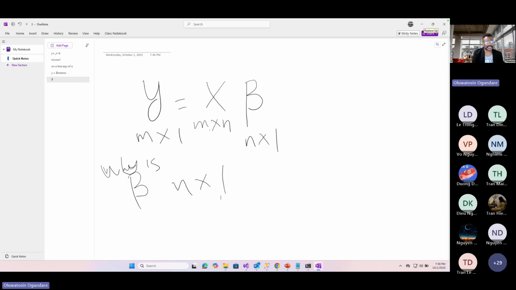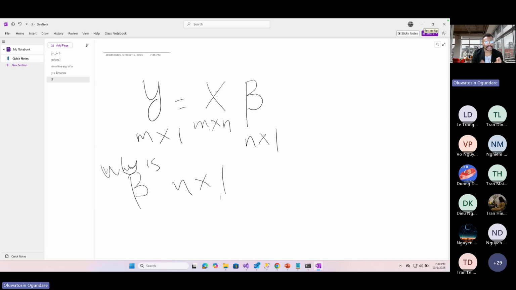If your data set has 4 attributes, you're going to have a coefficients vector that has 4 coefficients. If your data set has 5 attributes, you're going to have a vector of coefficients that is 5 by 1. If your data point has 7 features, you're going to have a vector that has 7 coefficients. Every feature has its own coefficient.